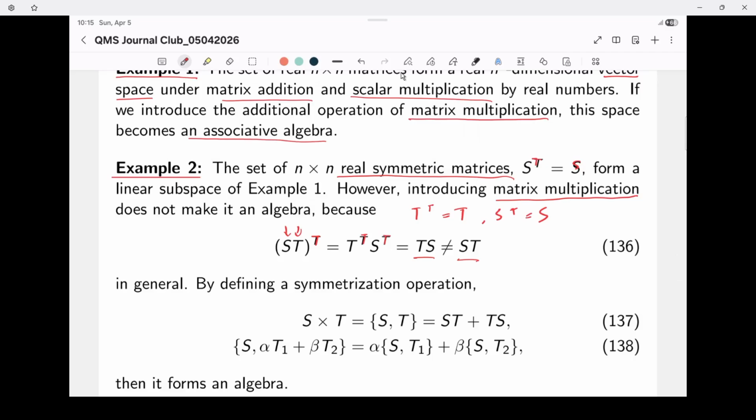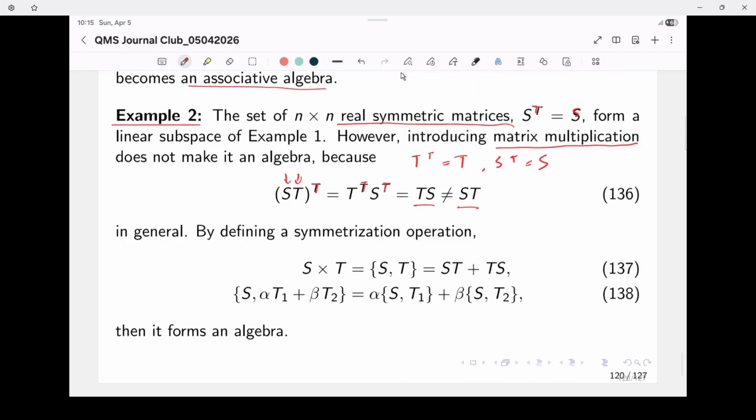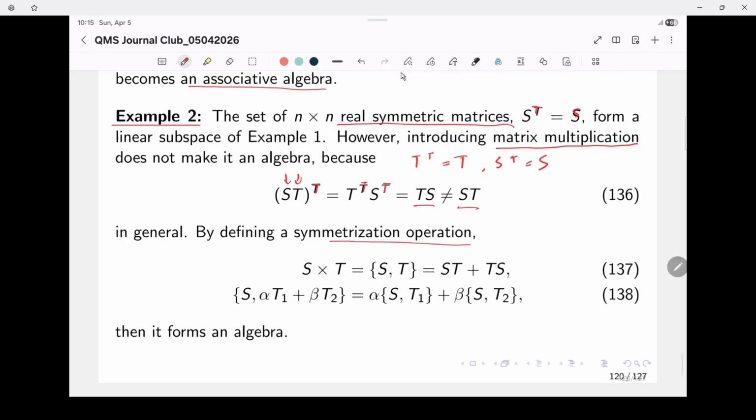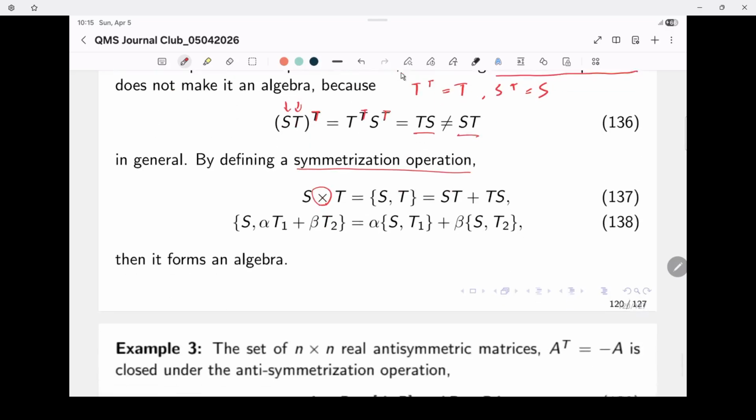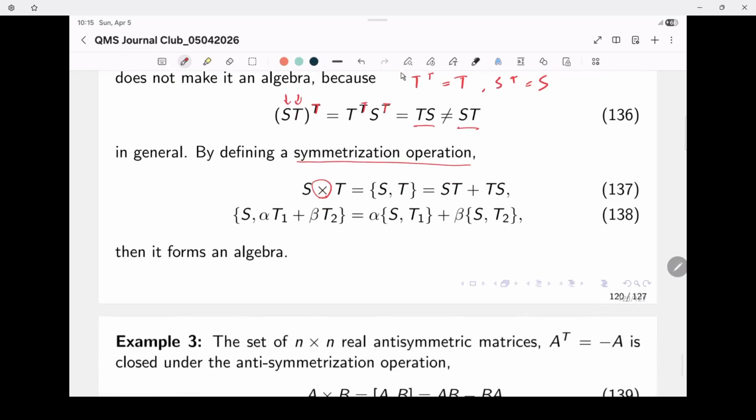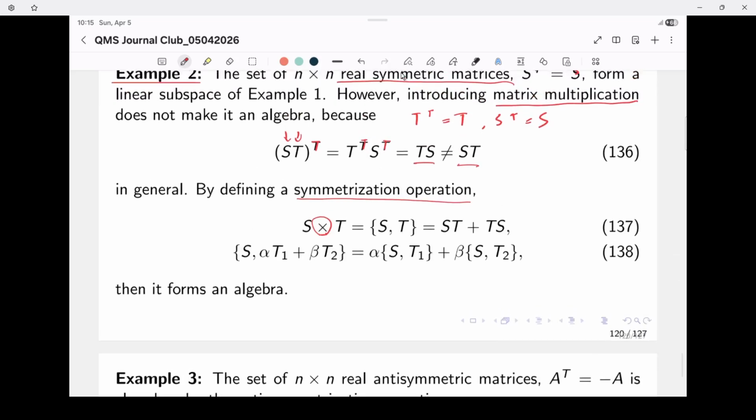So how can we make it into an algebra? By introducing what we call a symmetrization operation, whereby we specifically design our matrix multiplication as anti-commutation. Sorry, this is anti-commutation. So we define this bracket as ST plus TS, and we define what happens when you have something like this.